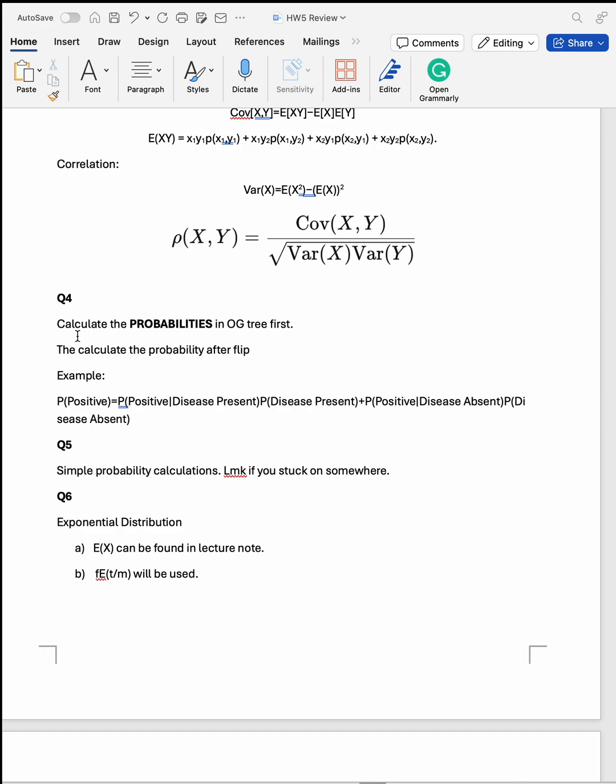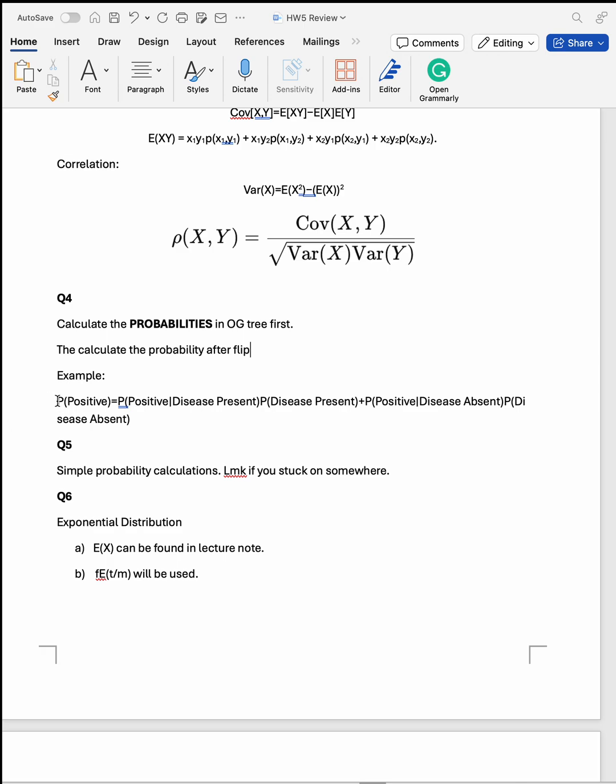After that, you will flip the decision tree, making positive and negative your first decision node, and then absent and present your second.